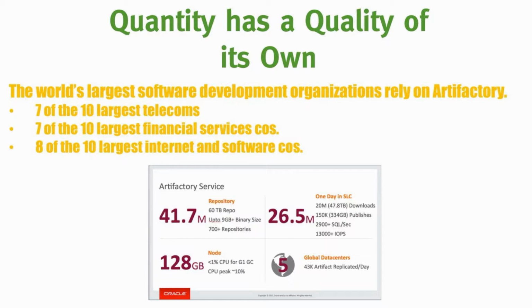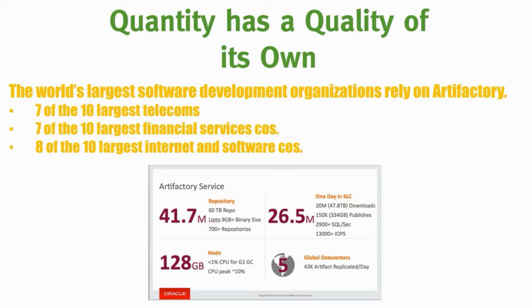And here you can see a slide from the keynote from Oracle at last year's JFrog user conference, swampUP, when the speaker presented the scale of Artifactory at Oracle back then. You can see here the numbers are solid.